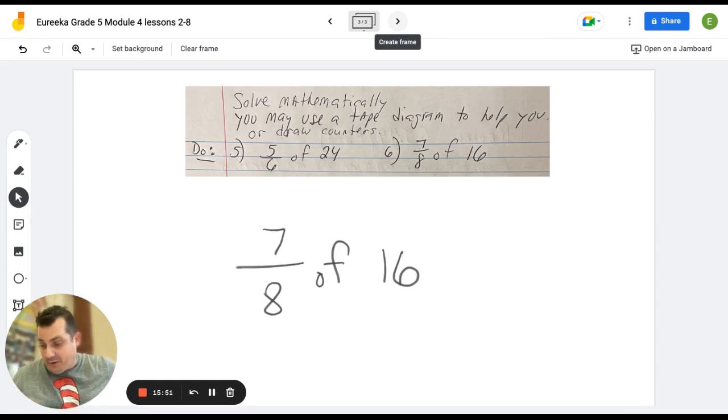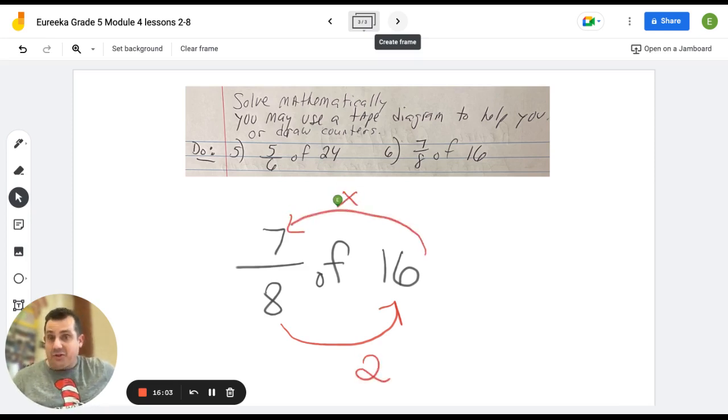Or here you can see, 8 goes into 16 2 times. So that means there are 2 counters in each group, and then you multiply that by the number of groups we have, which is 7.